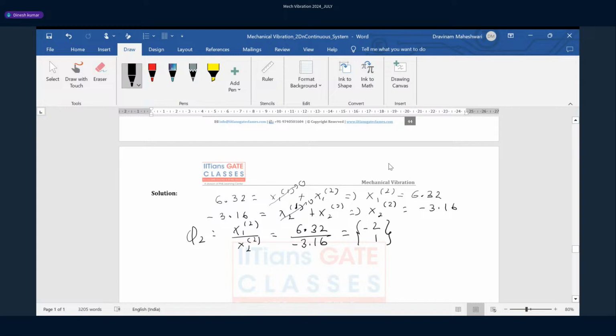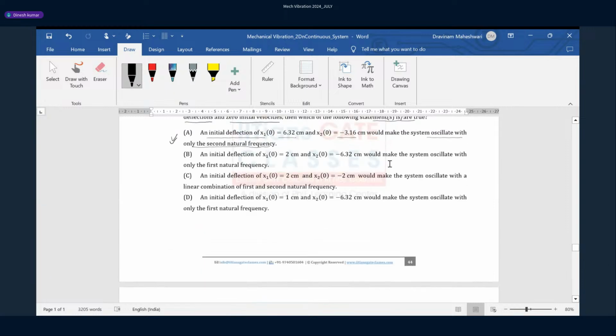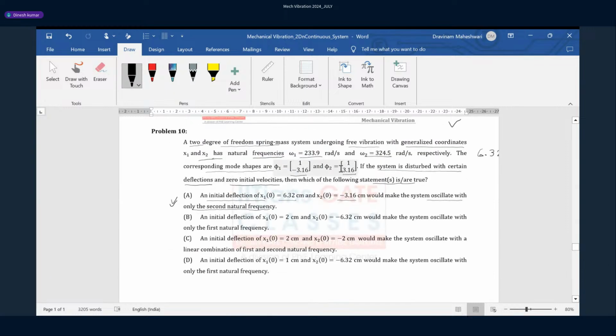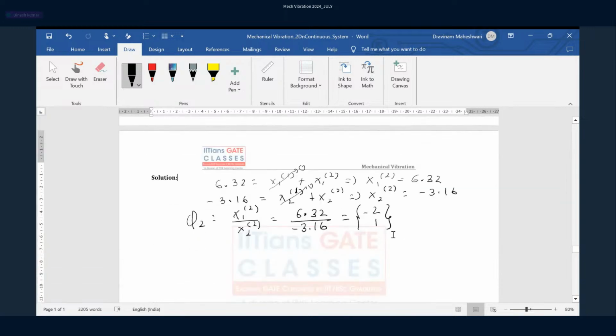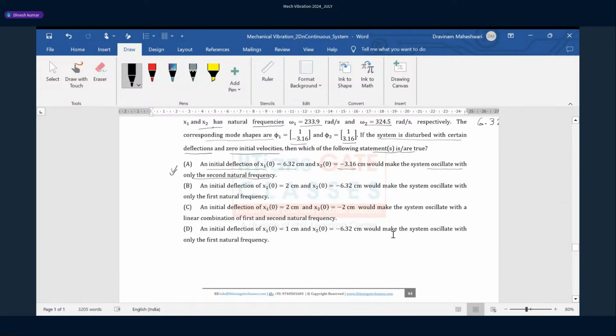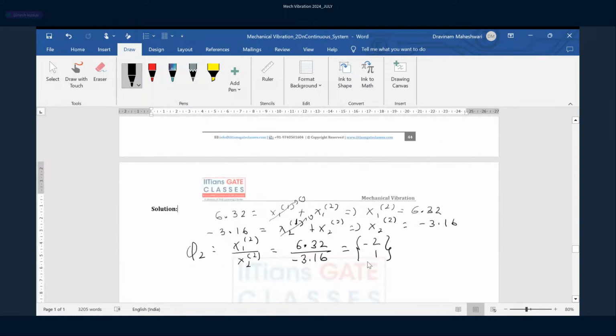What is given in the problem? What is your second mode? It is 1, 3.16, right? But what we are getting is minus 2, 1, right?